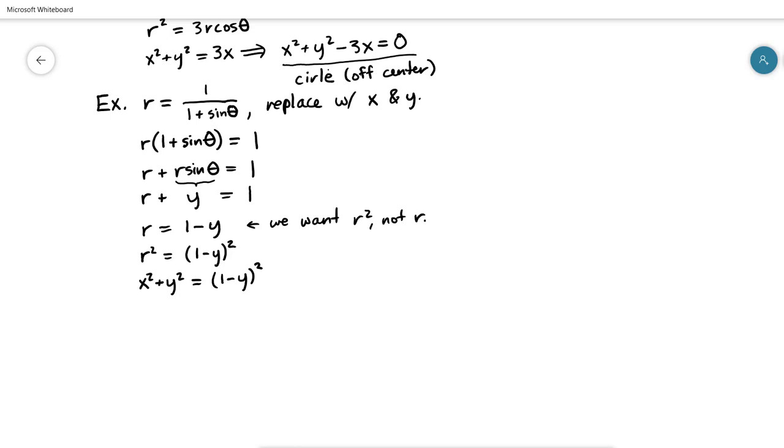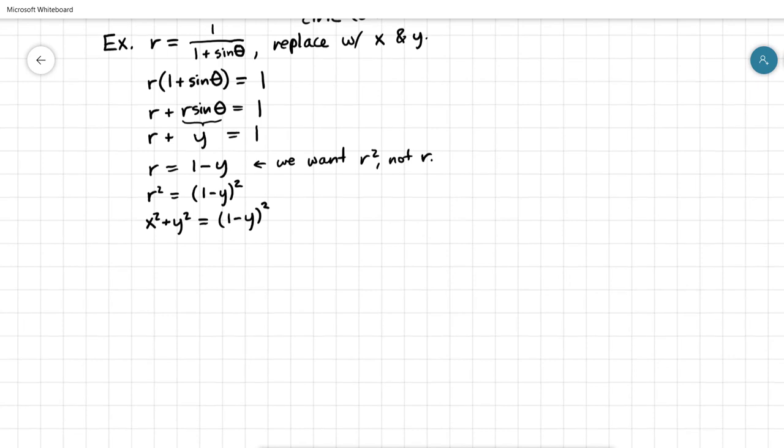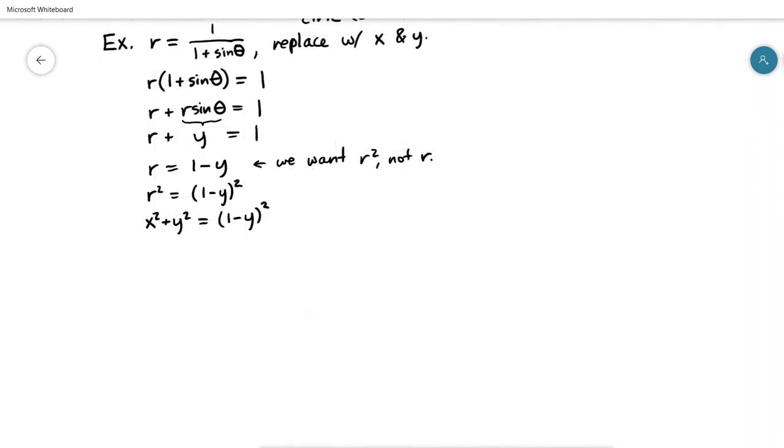whole thing quantity squared. We can simplify a little bit if I actually FOIL out the right-hand side and do a little bit of simplification. Leave that problem right there so we can see the whole thing. So that's what I'm going to do. I'm going to leave this side untouched, and I'm going to FOIL out the other side.